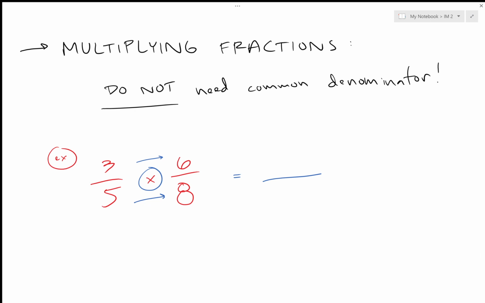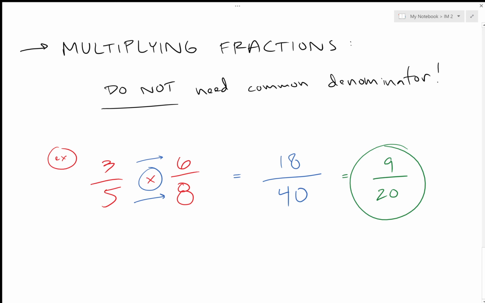Multiplying, you just go right across. 3 times 6 is an 18, and 8 times 5, a 40. Now the only thing that happens is we got pretty big numbers, so we can simplify this. Both are divisible by 2, so 18 divided by 2 is a 9, and 40 divided by 2 is a 20.